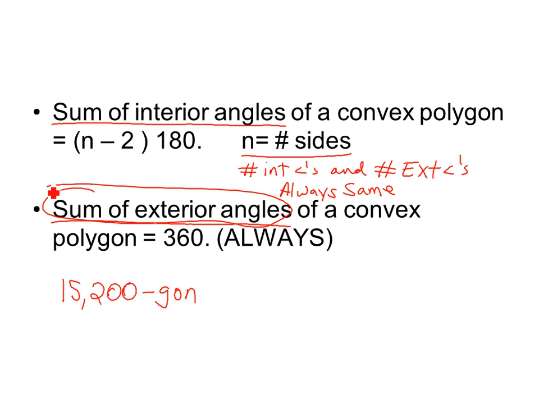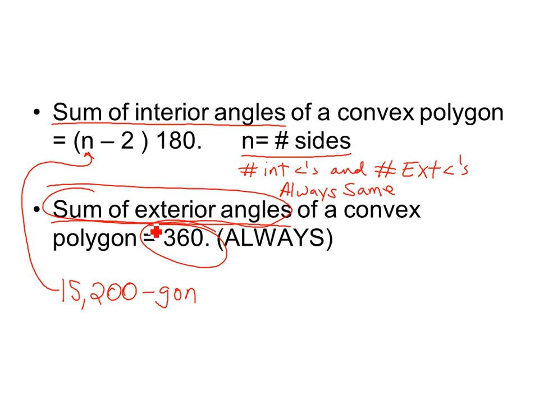And sure as anything, I'll have people plugging into this formula up here, doing 15,200 minus 2, then trying to times it by 180 and getting some great big huge number. But if it says find the sum of the exterior angles, it's always going to be 360 degrees. So the exterior angles of every polygon in the world, if it's convex, will always add up to 360.